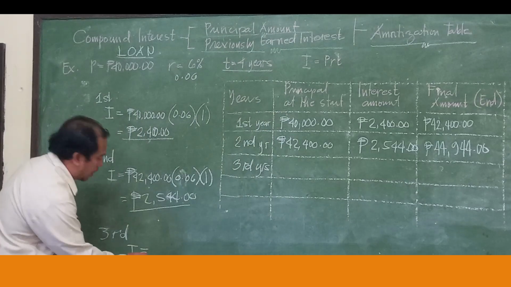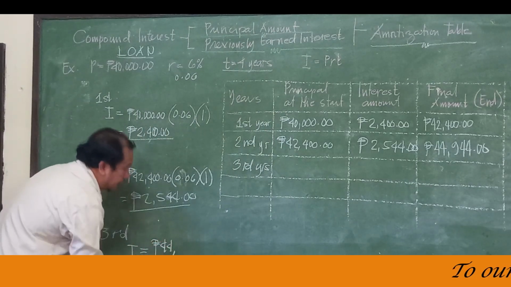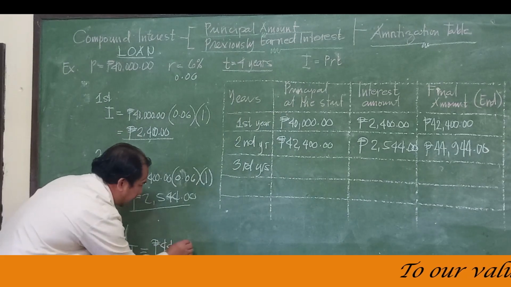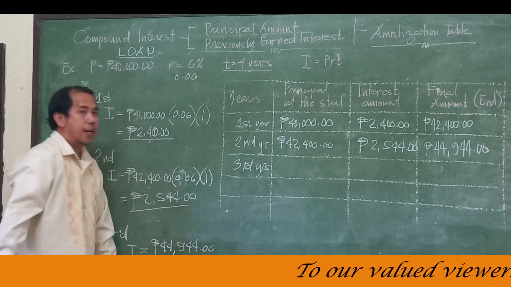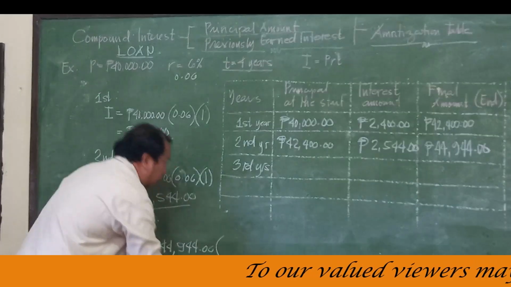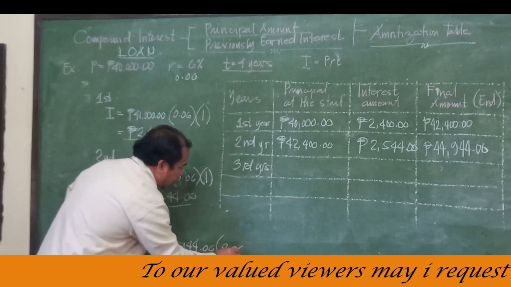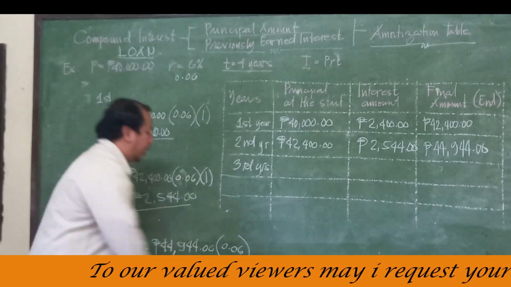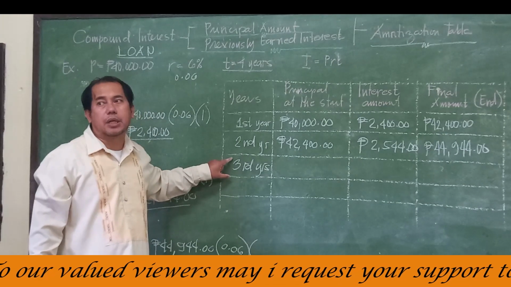So what would be our principal? That is 44,944 pesos. Okay? Again, multiplied by the rate, that is 0.06. Now, what is the time that you're going to consider?